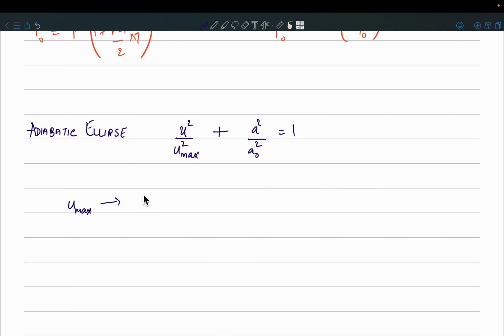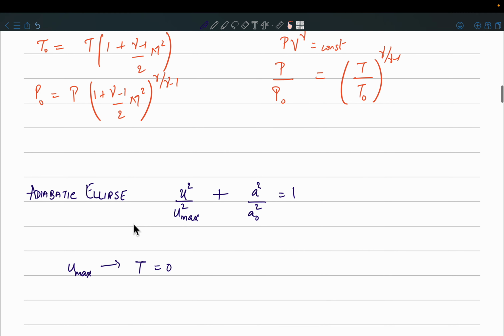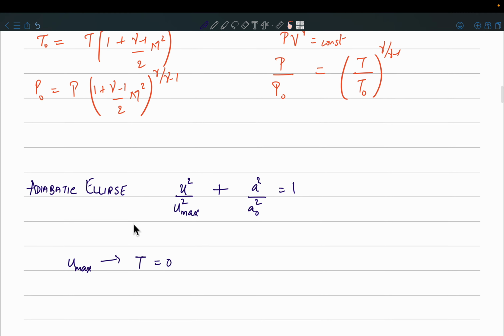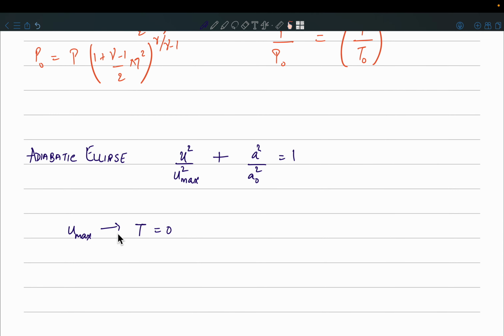The entire energy has gone to kinetic energy of the gas, and that will happen when the random motion of the gas molecules becomes 0, then we can say that the static temperature of the gas has become 0, right? So what is the formula for u max? Do you remember?